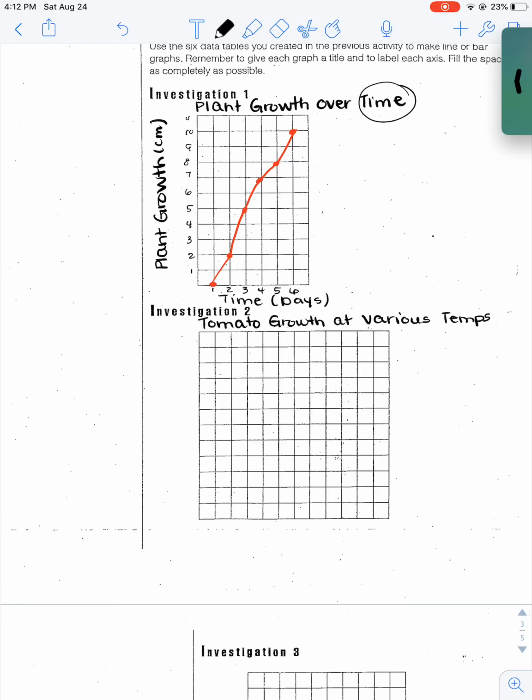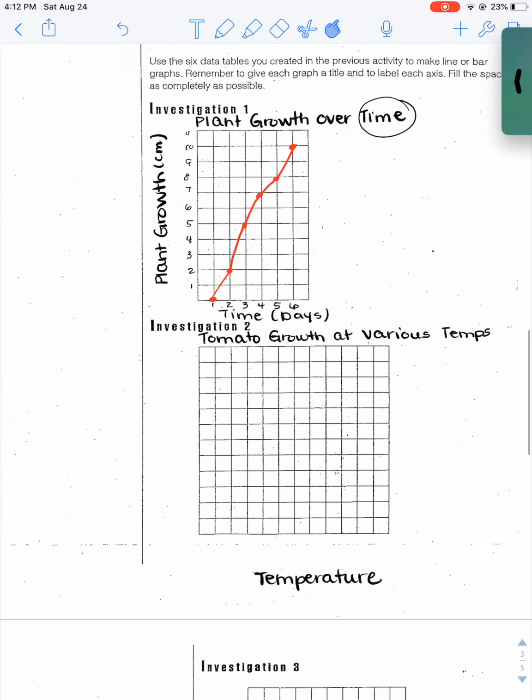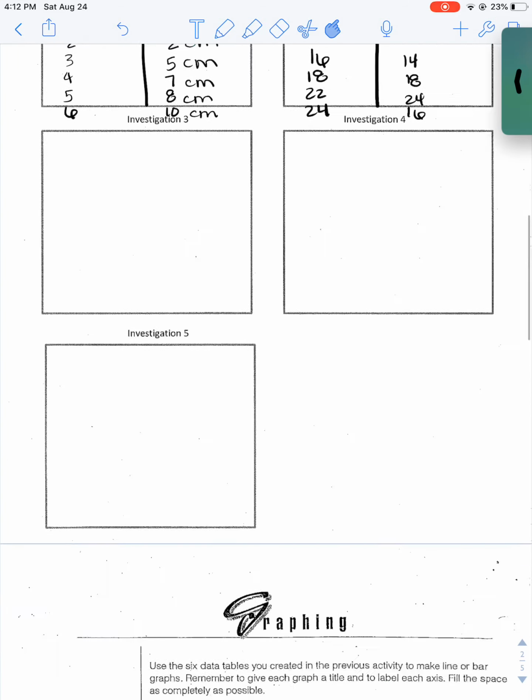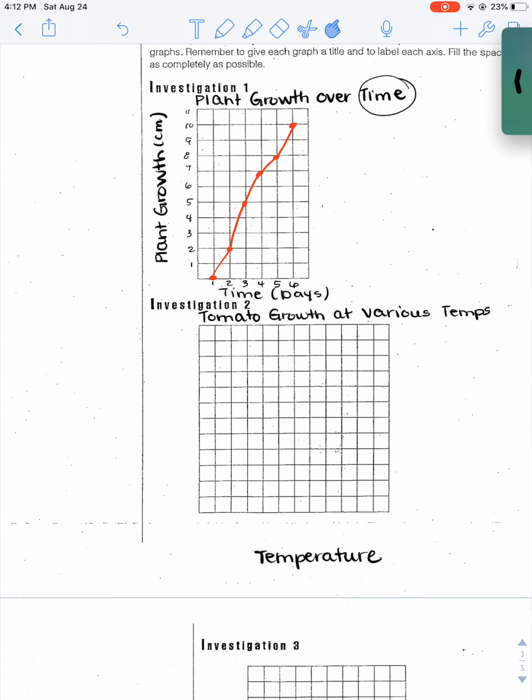My X, or my independent in this case, was temperature. And they were kind of a weird set, so you don't need to go up by a standard interval here. I recognize that that's kind of one of the issues with this assignment.